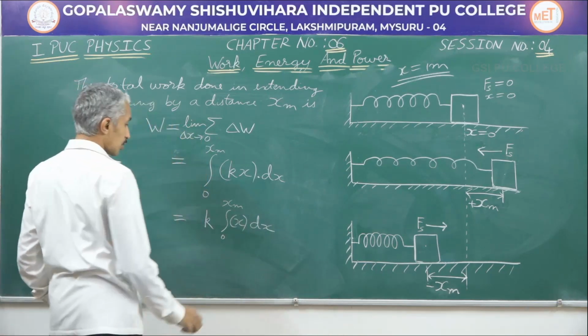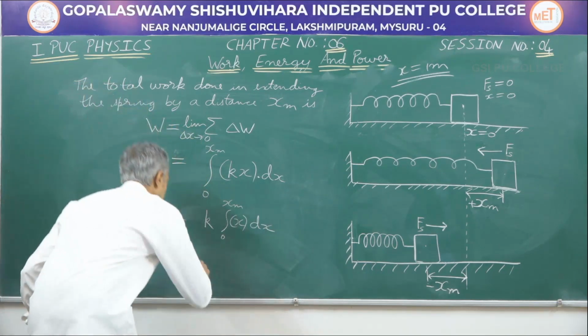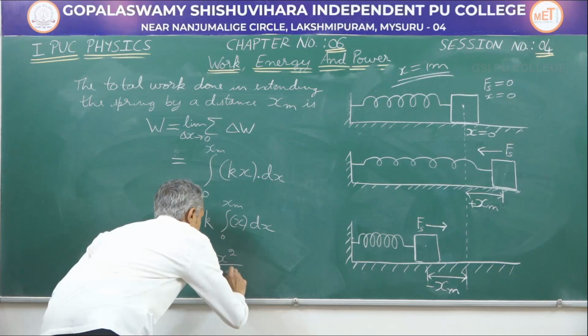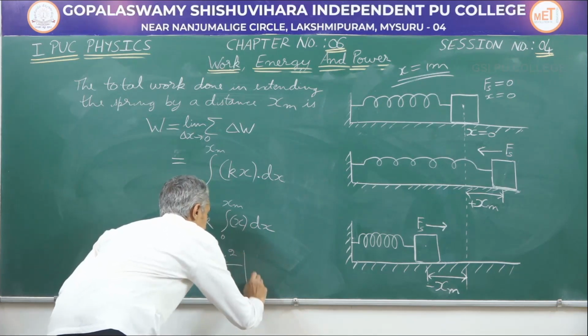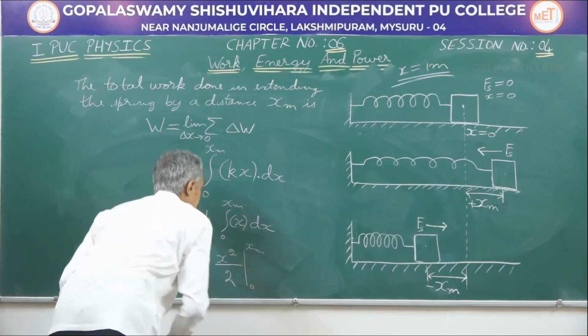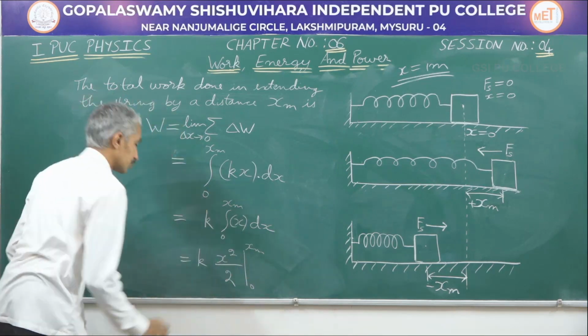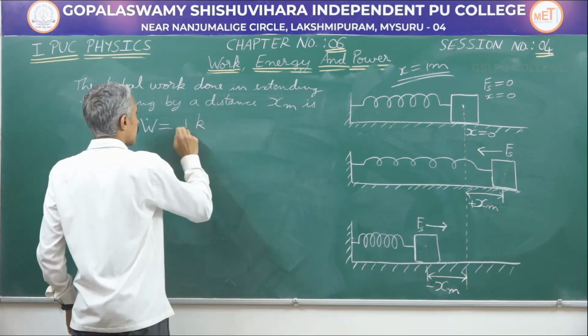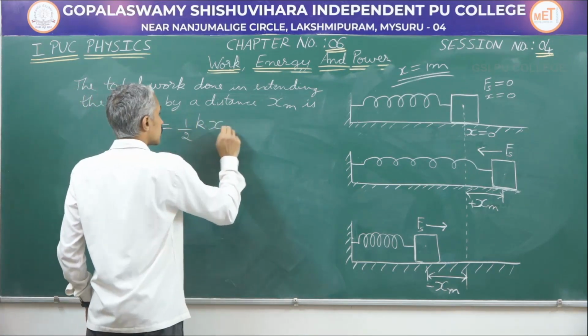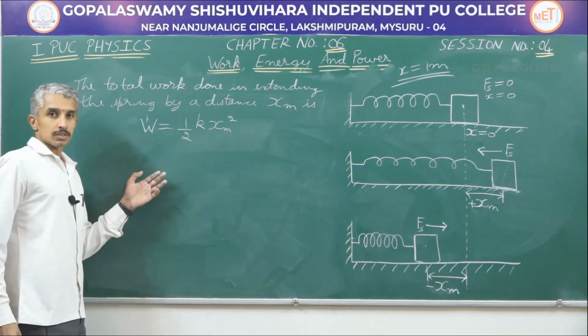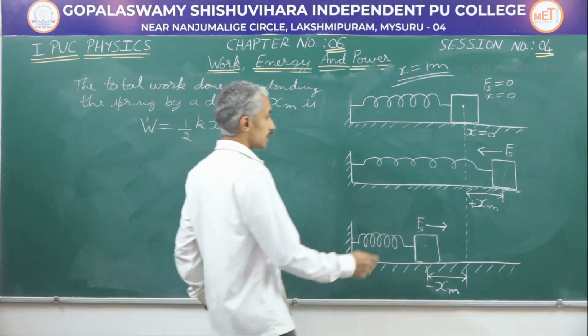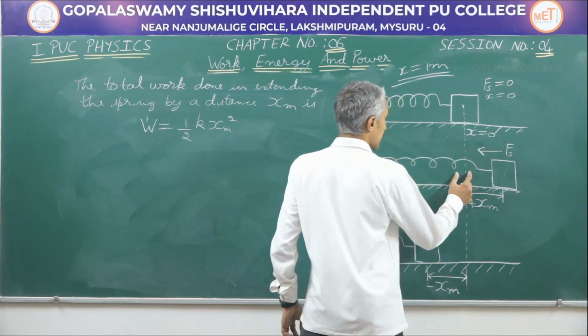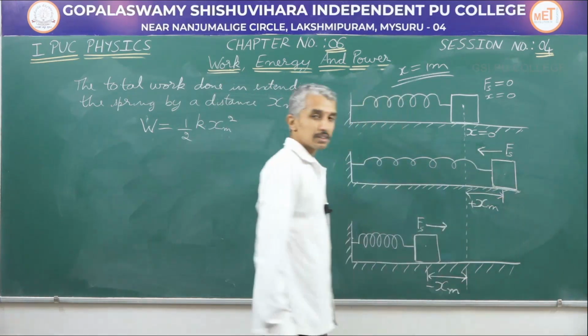I have already learnt about the integration of x dx, and this gives x square by 2, and the limit is from 0 to the maximum extension xm. I will finally get this as half k into xm square. So this is the work done in extending the mass attached to a spring by a distance xm.